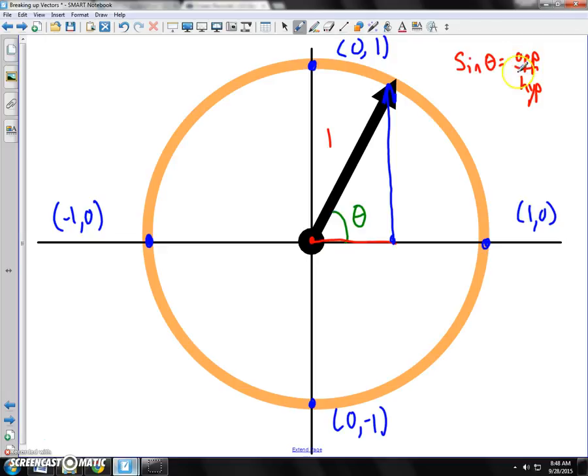If we plug in everything, we don't know theta, we're going to assume it's some angle, though. So sine theta equals opposite, which we don't know, let's call it y, over the hypotenuse, which I do know. The hypotenuse is equal to 1. So what do I have here? I have that this side, if I say this is y, is actually equal to sine theta.